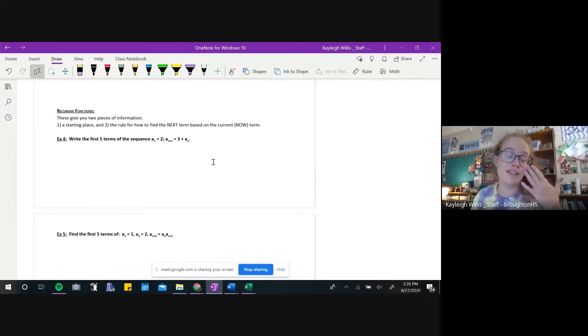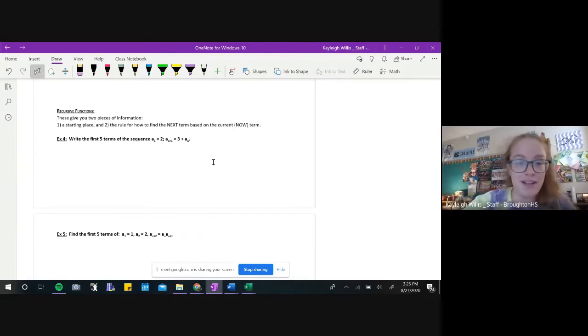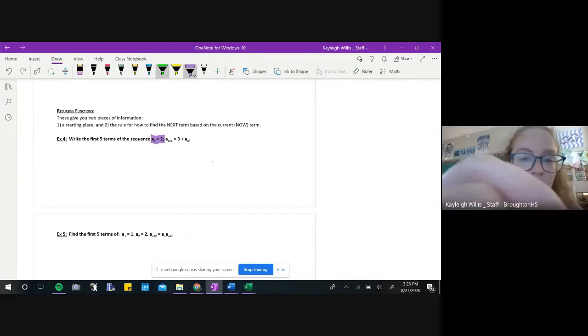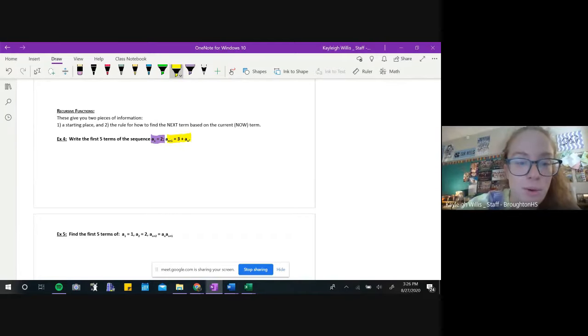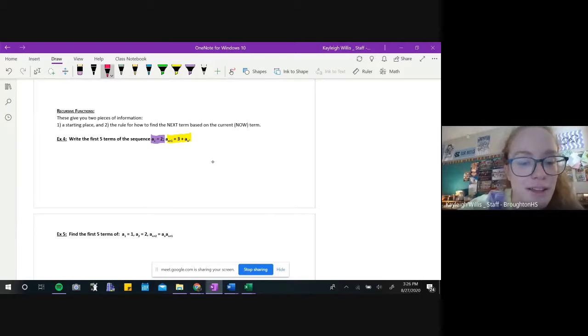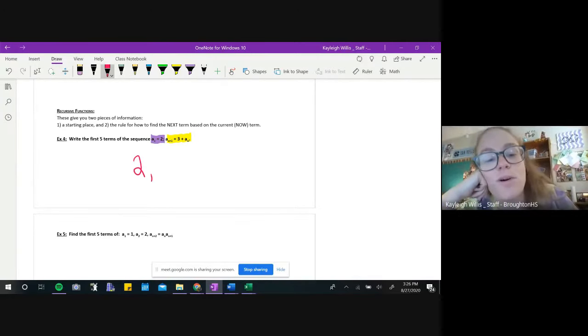So the first example they've given us is that we are supposed to write the first 5 terms of the sequence. And we have here a sub 1. And then we are given the rule. So if they tell me my starting value, I know the starting value is 2, a1. I want to find the next one. What rule are they telling me to do to each of these numbers?